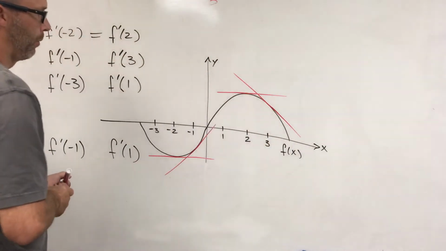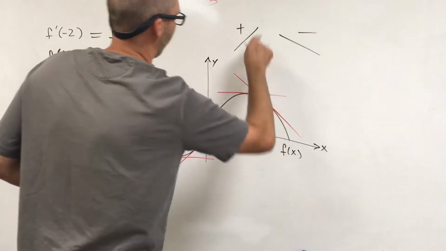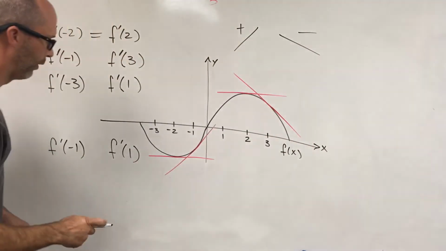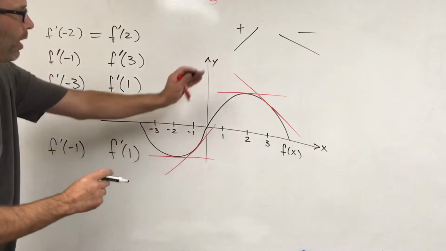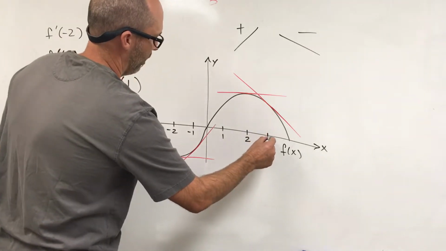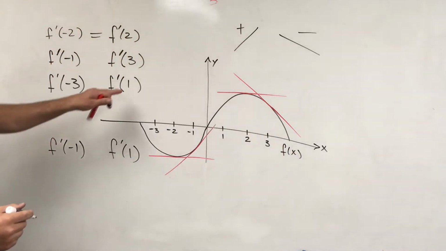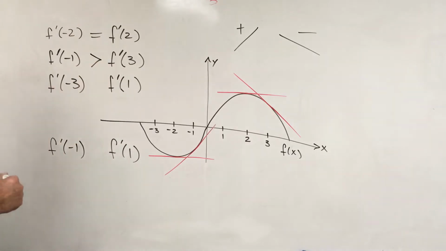Now remember, positive, negative. Positive slope lines angle like that, negative like that. So f prime at -1 is positive, right? It's a positive slope line, whereas f prime of 3 is a negative slope line. So this is a negative, that's a positive, so positive that way.